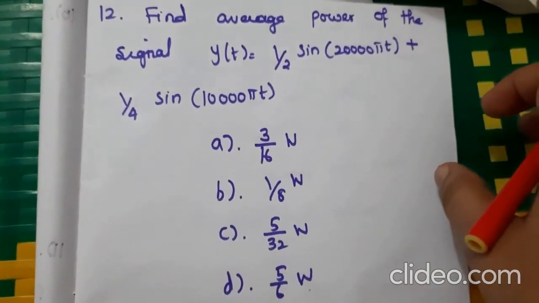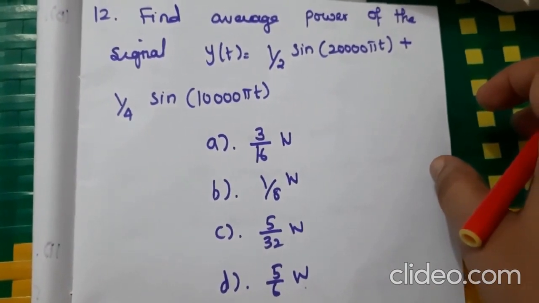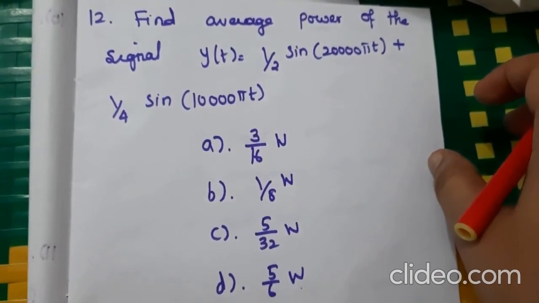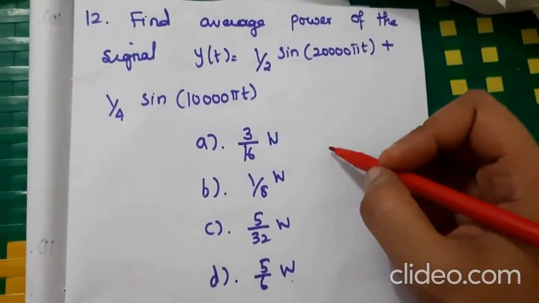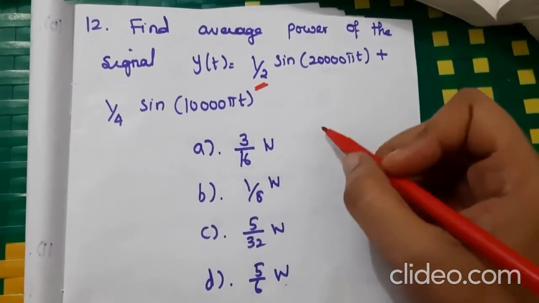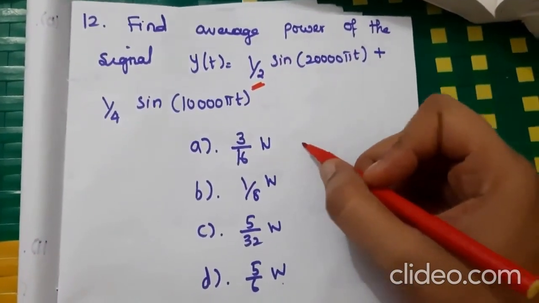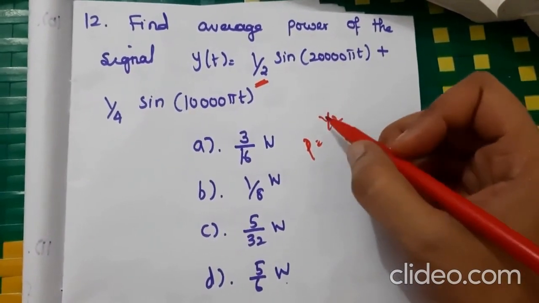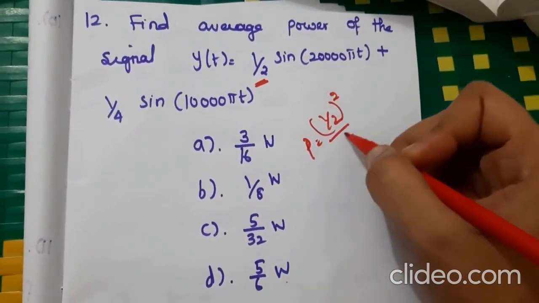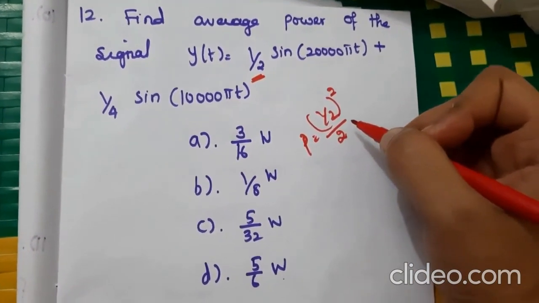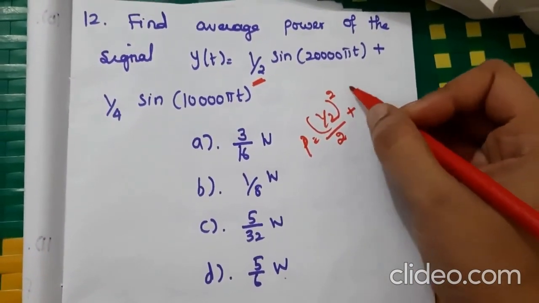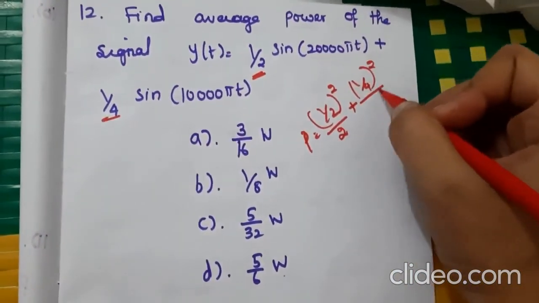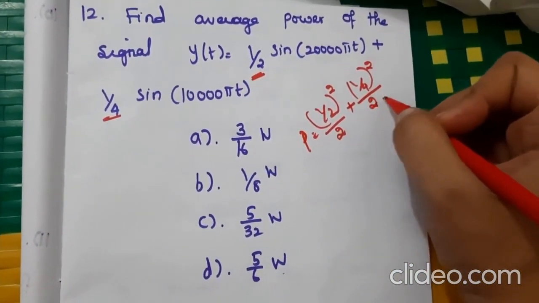12th question, find average power of the signal y of t is equal to half sine 20,000 pi t plus 1 by 4 sine 10,000 pi t. We know the formula, and this is DC component. So the power is calculated using that formula: 1 by 2 the whole square divided by 2, plus 1 by 4 whole square divided by 2.